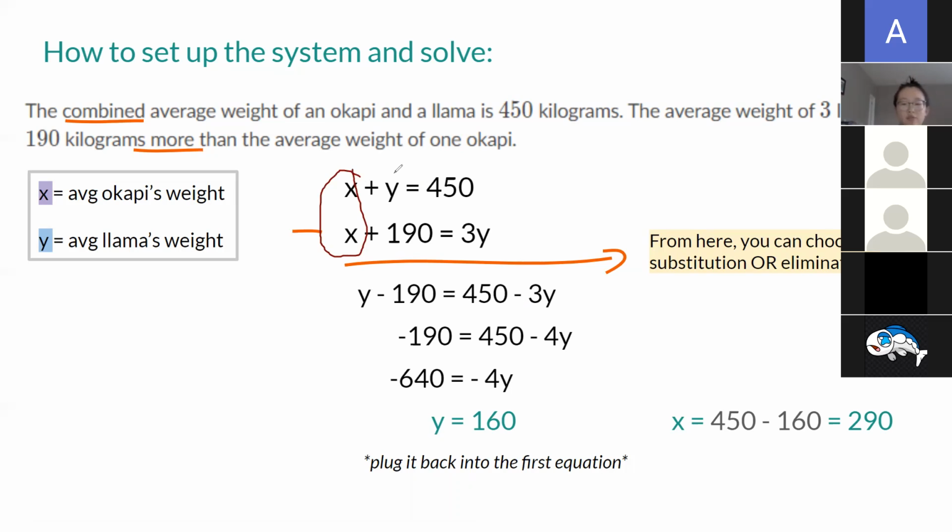So then you're left with y minus 190 equals 450 minus 3y. Then you continue to simplify, and you have negative 190 equals 450 minus 4y. And then negative 640 equals negative 4y. Then you divide by negative 4 to get y equals 160.